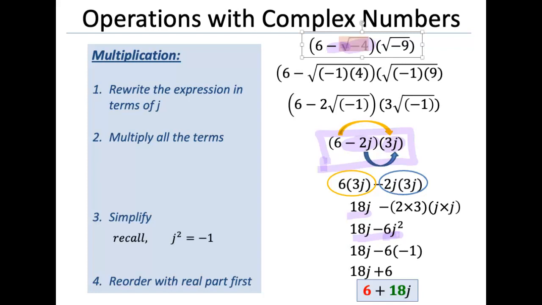Skipping on down to this step, I know j squared is the same thing as negative 1, right? So minus 6 times negative 1 is plus 6. But we write our complex numbers in a plus bj form. So our final answer is going to be 6 plus 18j.